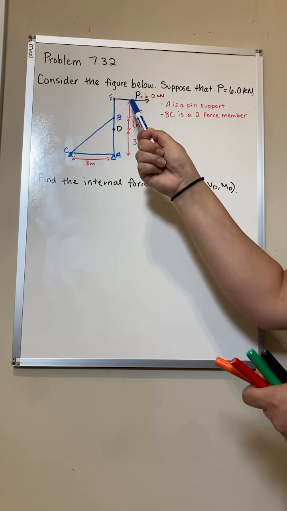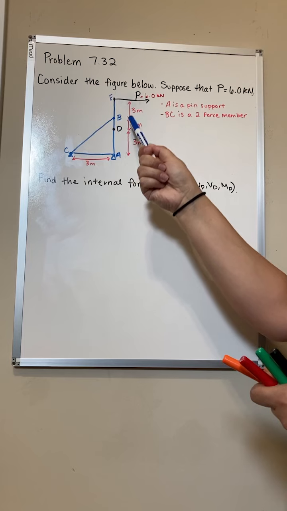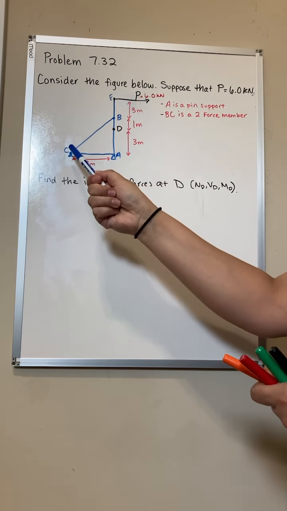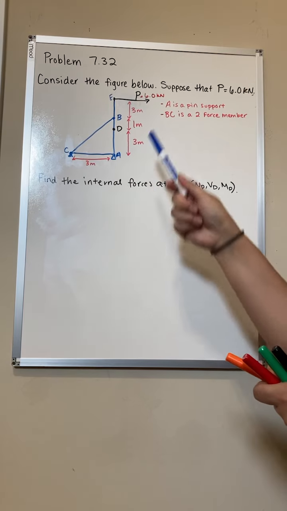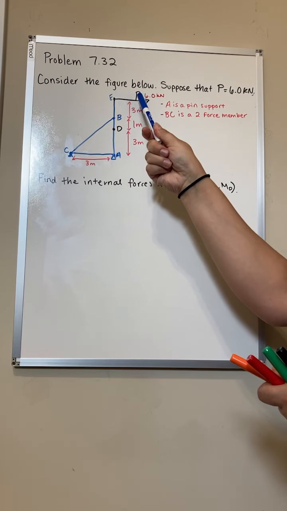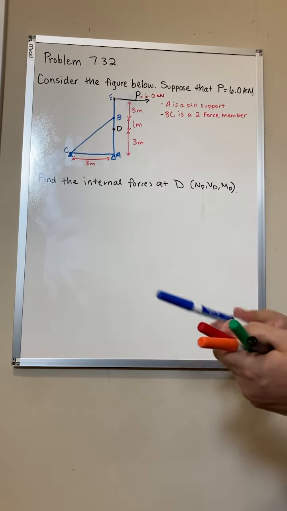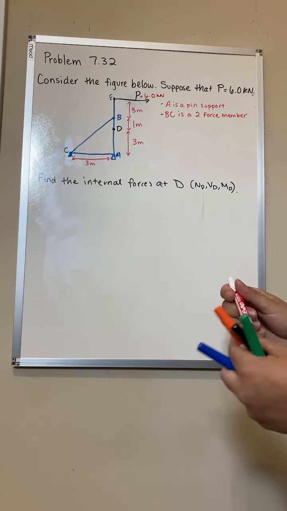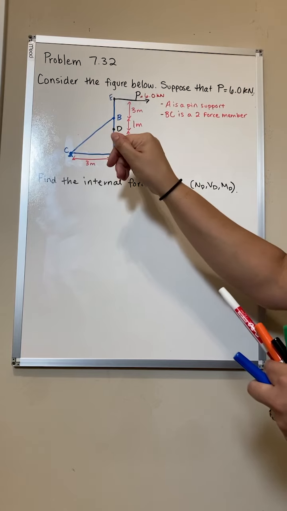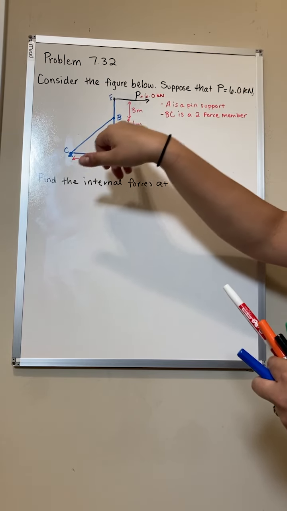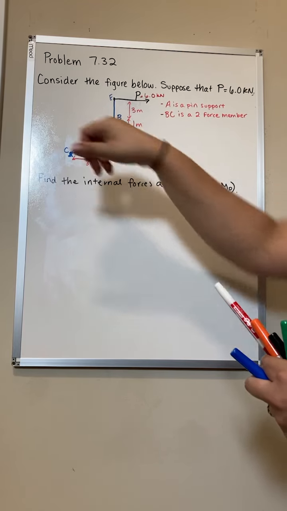And our distances here: E to B is 3 meters, 1 meter between B and D, 3 meters between D and A. C and A has a distance of 3 meters. Here's our force P, which is 6.0 kilonewtons. Right off the bat, another assumption: if we look at the lengths of the sides of this triangle, 3 plus 1 is 4, so it's a 3, 4, 5 triangle.